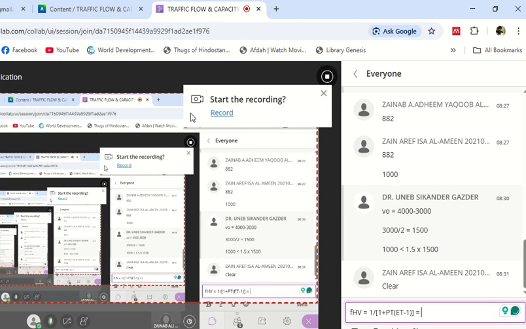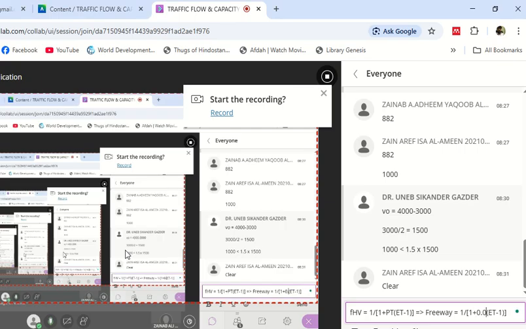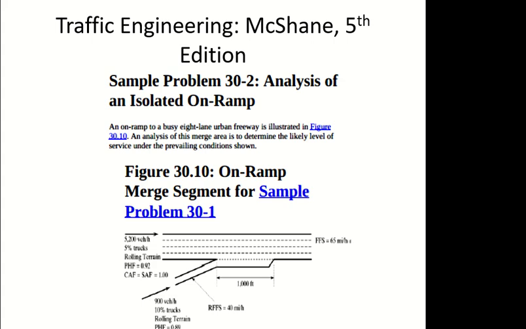If I'm doing it for the freeway, then I use the percentage of trucks for the freeway and the equivalency factor for the terrain. The percentage of trucks for the freeway is 5%, so 0.05. Terrain is rolling for the freeway as well as the ramp.